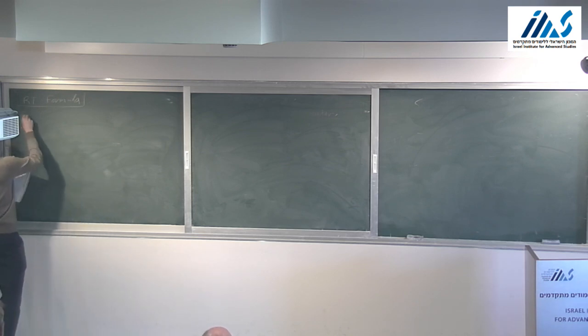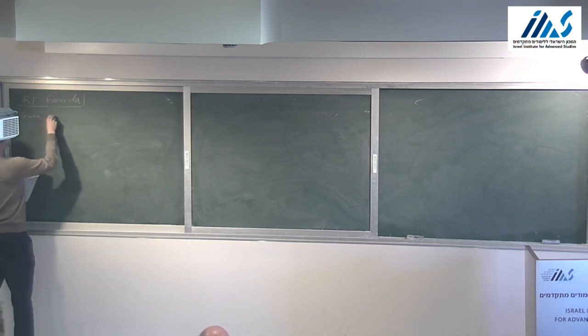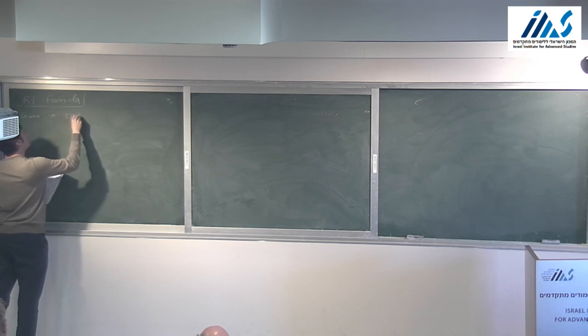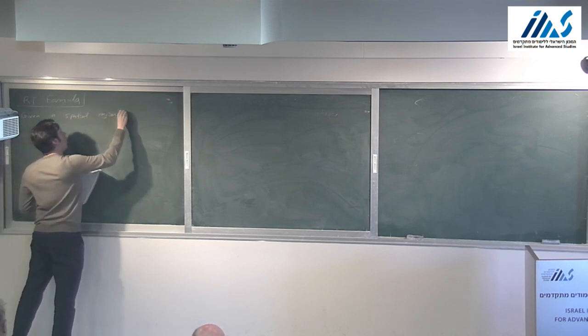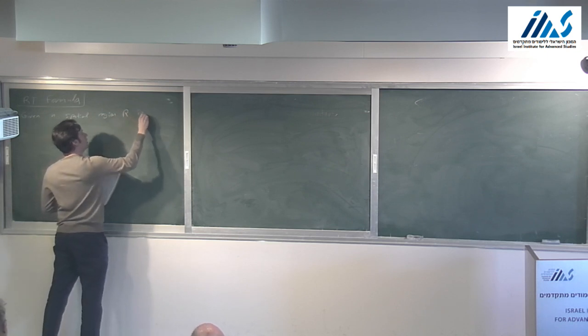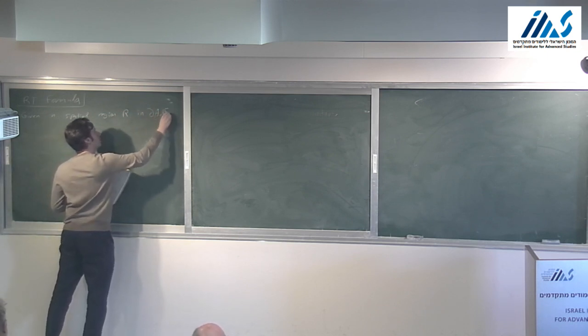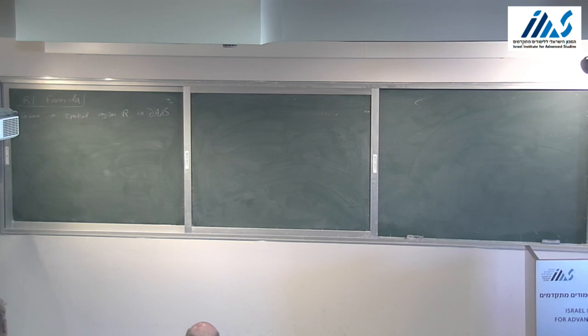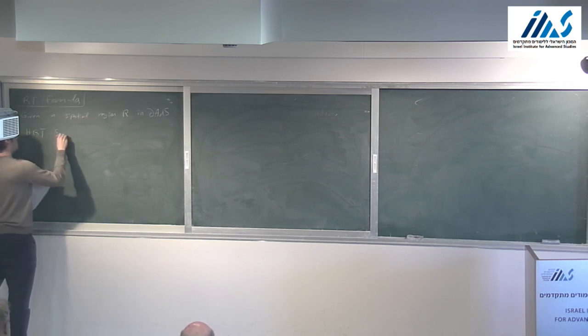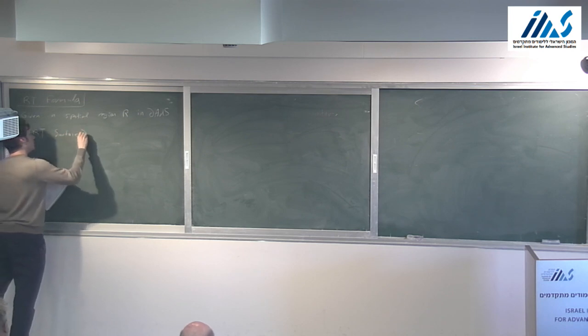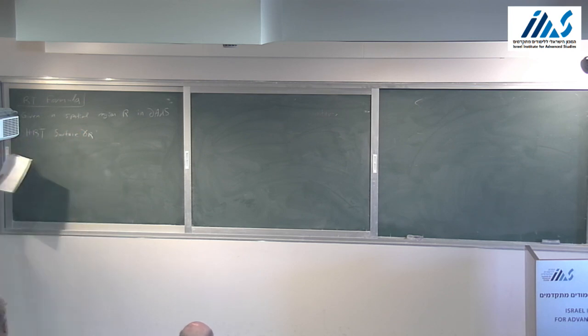So the idea is that we're given a spatial region R in the asymptotic boundary. And given that spatial region, we can define the HRT surface, gamma R.